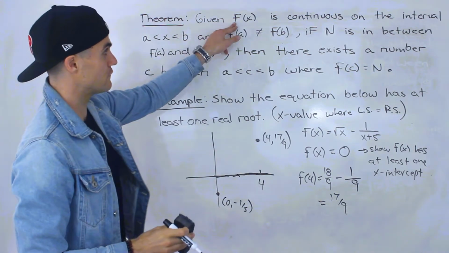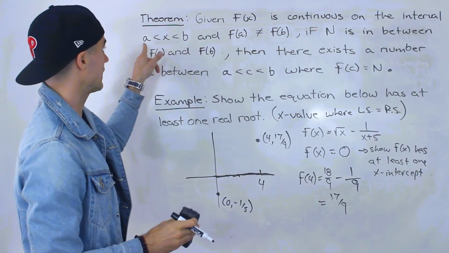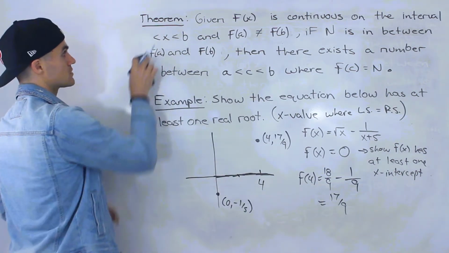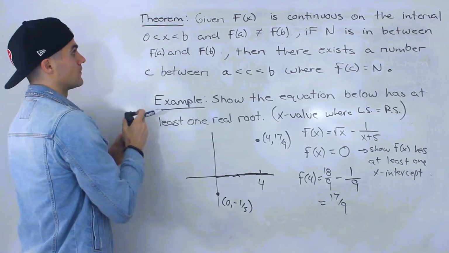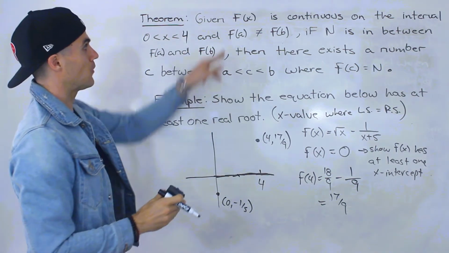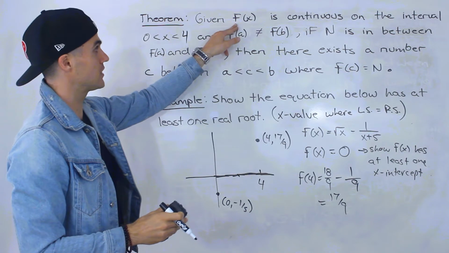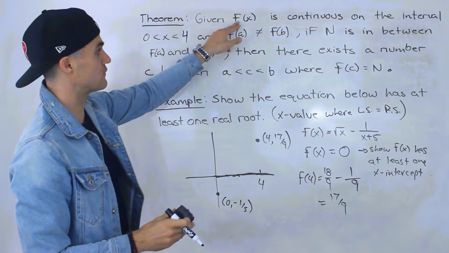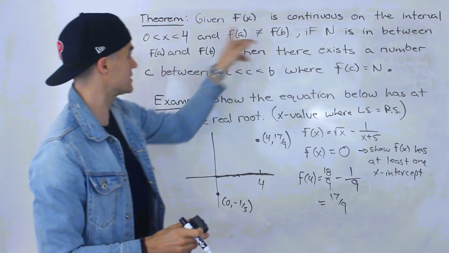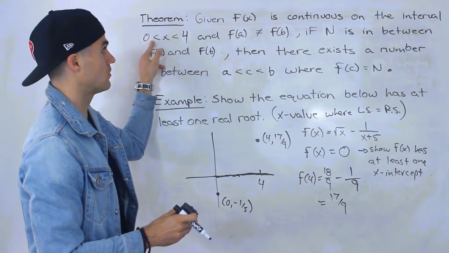So given f of x is continuous on the interval where x is between 0 and 4, we would write 0 here and 4. You may want to write the actual function up here as well. So you could say given f of x equals this function here is continuous on the interval between 0 and 4.